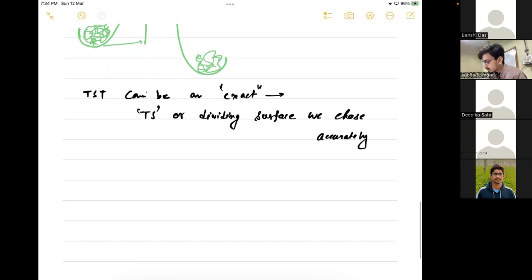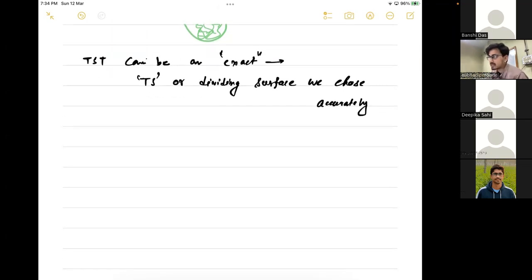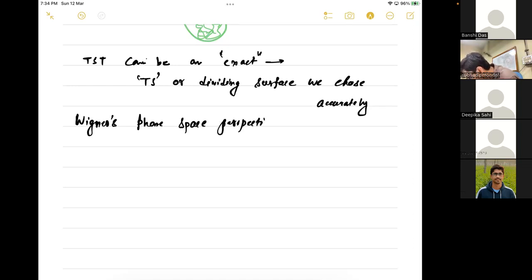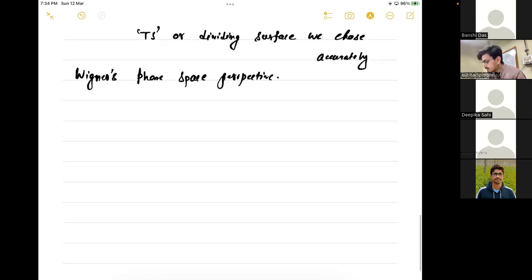Okay, so then comes Wigner's phase space perspective, which is Wigner's rule. So basically, for the audience, dynamics happens in the phase space.